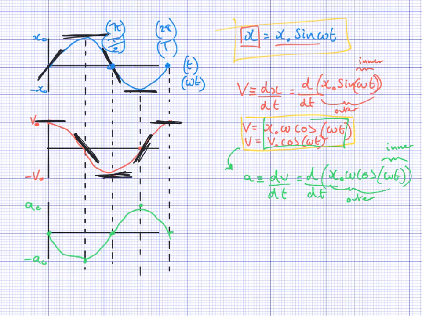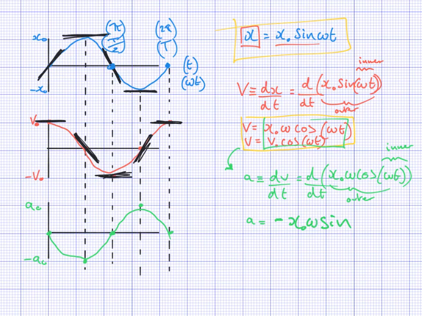And we're going to say that the acceleration here is going to be, well, the derivative of cosine, which is negative sine. So I'm going to put my negative symbol there, and then sine is going to go there just because I want to make my equation nice and neat. Then I've got x naught and omega, which can come in here.